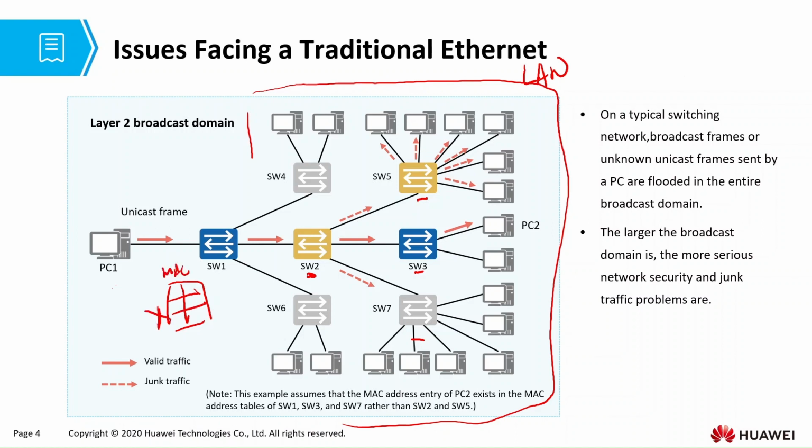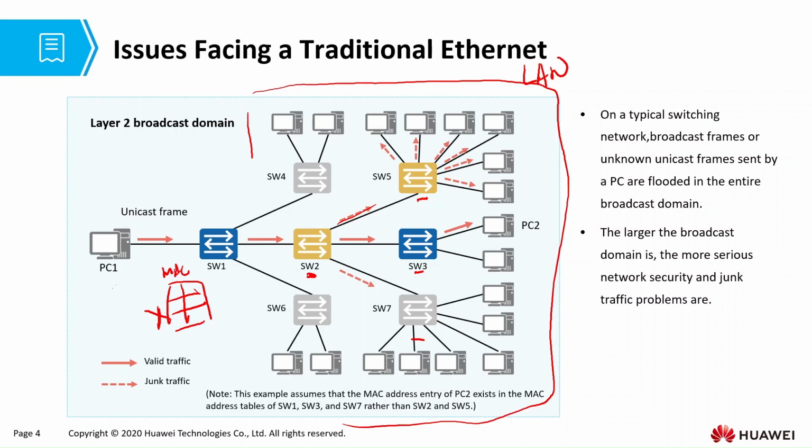So what will happen? You are going to flood. You are going to broadcast to all PCs and switches connected under the same local area network. So imagine that our faculty has 1,000 students. All the PCs connected to our local area network will receive a broadcast, the spawning, the flooding of the frame.